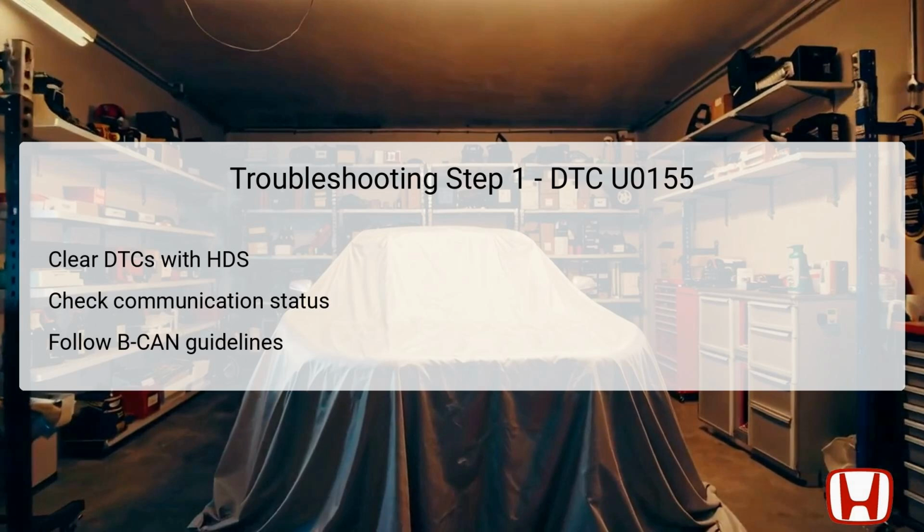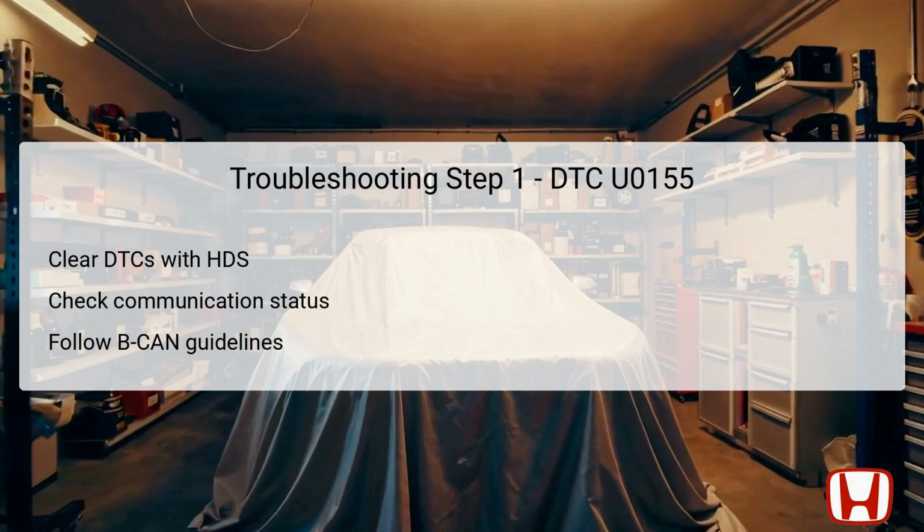Once cleared, turn the ignition switch to the lock position and then back to on, ensuring the vehicle is in the appropriate diagnostic mode. It is crucial to wait for at least 6 seconds for the system to initialize. After this waiting period, use the HDS to check for any DTCs again. If U0155 reappears, it indicates that the issue persists and further troubleshooting is necessary.